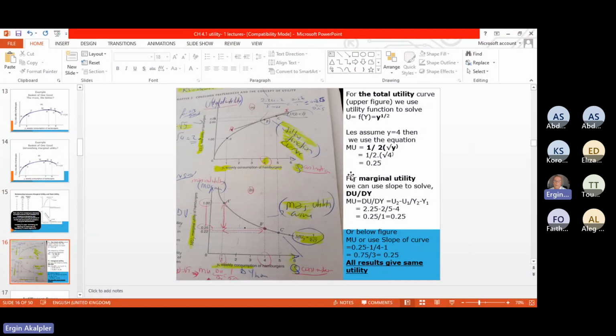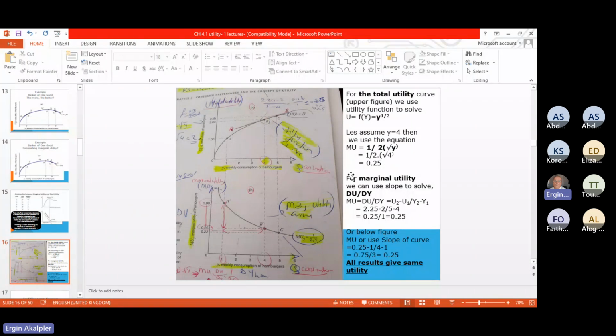But for estimating, the marginal utility can be found as 1 over 2 root y, because the square root of y is derived in this direction, as I have mentioned and given you the instruction for the derivations.